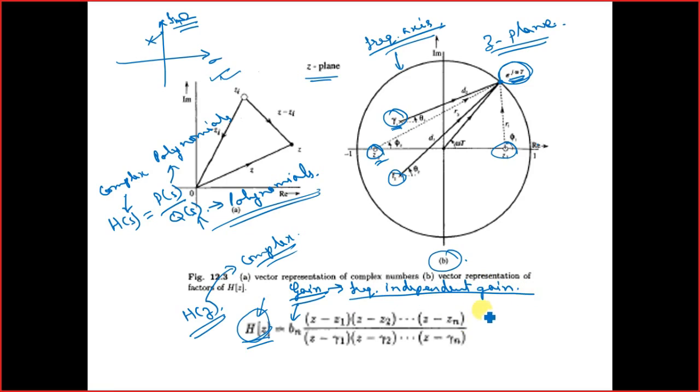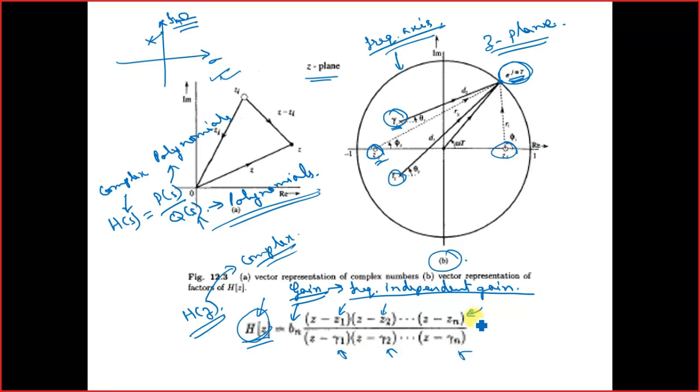And then we have these parameters z minus z1, z minus z2, z minus zn, where z1 is the location of the zero 1, z2 is the location of the zero 2, and so on. Similarly, we have gamma 1, gamma 2 up to gamma n.